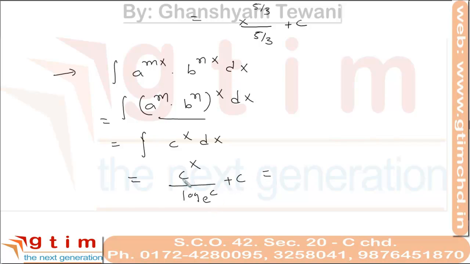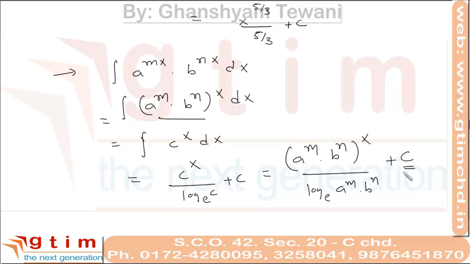Now we can put here the value of c, that is a power m multiplied by b power n, the whole power x, upon log of a power m times b power n, plus c, the constant of integration. Here this c is this constant, it has nothing to do with that constant, it is coincidentally that we have taken this c.